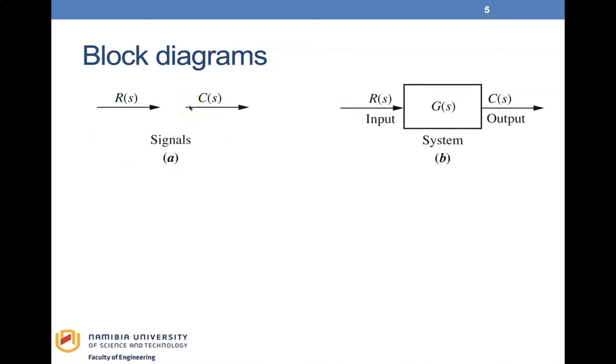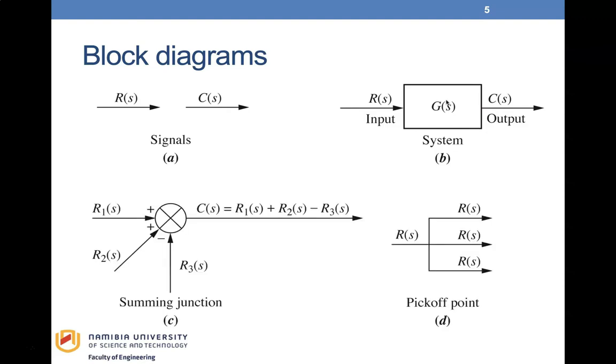A subsystem is represented as a block with an input, an output, and a transfer function. When we have several subsystems interconnected, some elements will have to be added. These are the summing junctions and the pick-off points. The arrowhead indicates the direction of the flow of the signal.